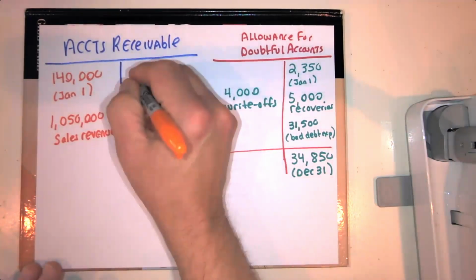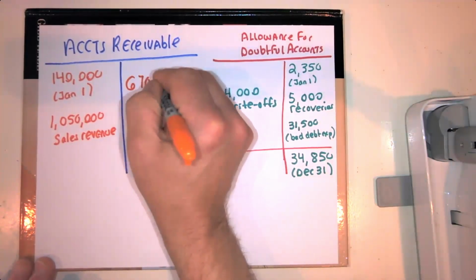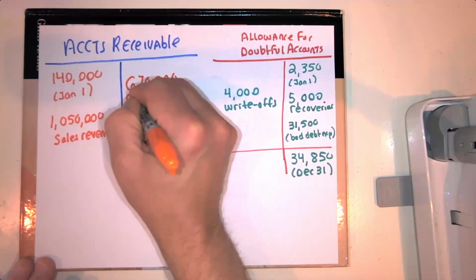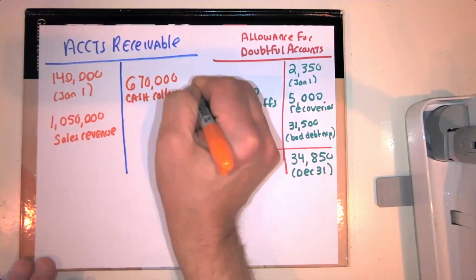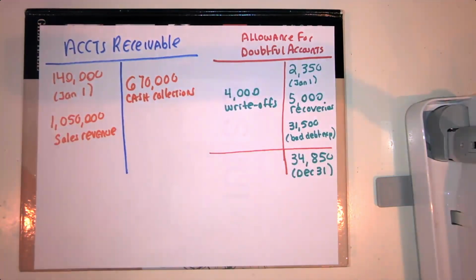So the decrease here would be our cash collections. And honestly, at this point, I'd expect everybody to be able to come up with that part of the T account. We've done that before. So you should have been able to piece together those parts.